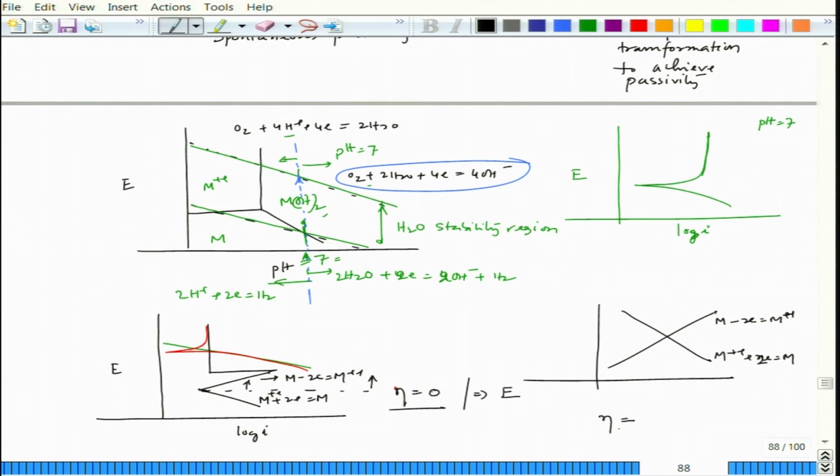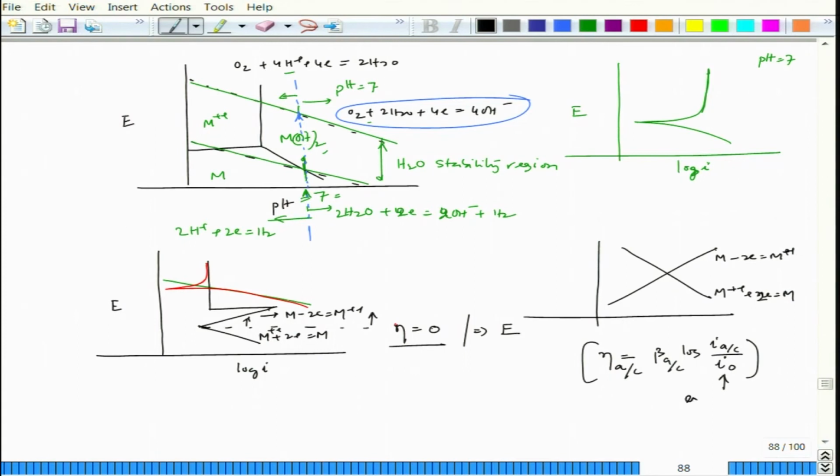Overpotential is equal to anodic overpotential and cathodic overpotential, beta AC log I over I0, is it not? This is the Tafel equation we are using to plot these two lines. Now, A means anodic, C means cathodic. So if you take A, you take all those current values A, and this is the exchange current density.